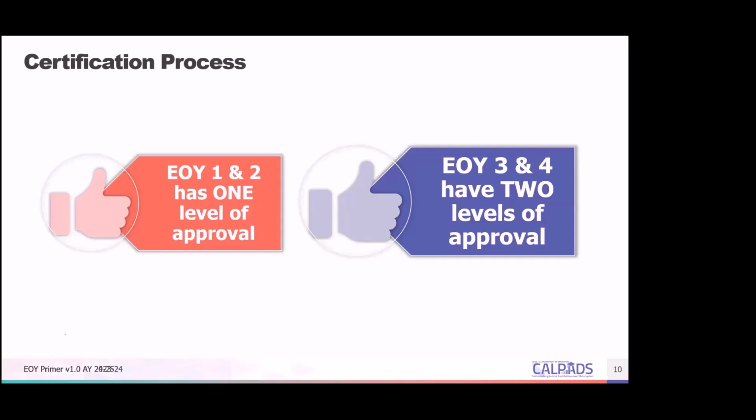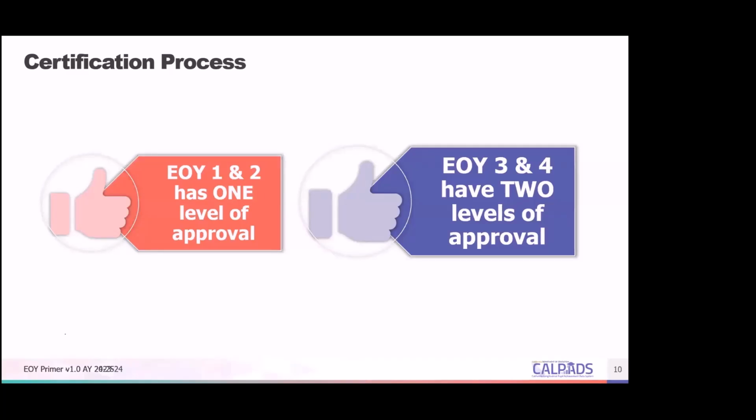But for end of year 3 and end of year 4, we require CELPA approval in addition because of the relevant data for students with disabilities. So for end of year 4 and end of year 3, LEA approval plus CELPA approval equals certification, whereas for end of years 1 and 2, only LEA approval is required for certification.